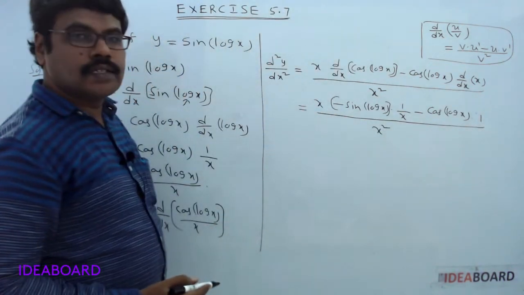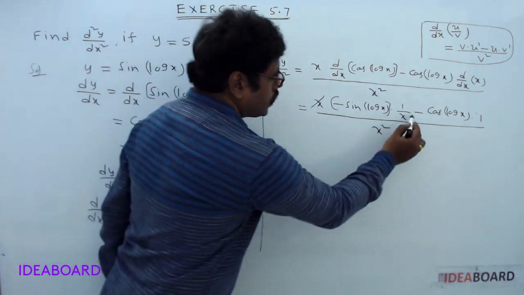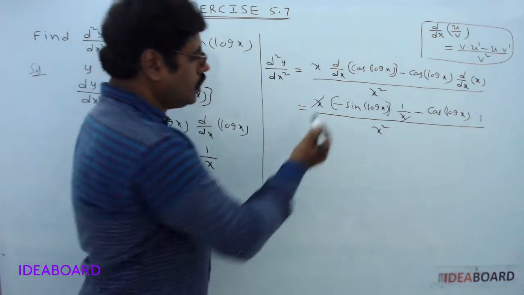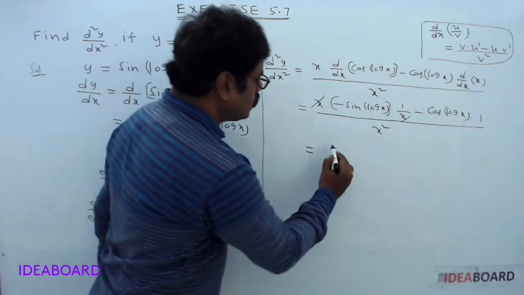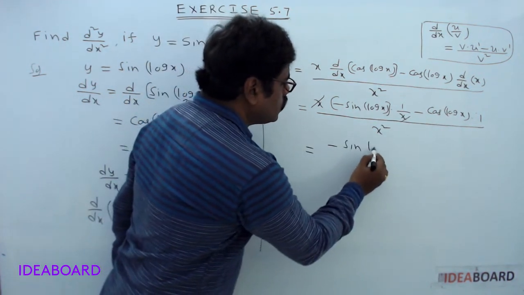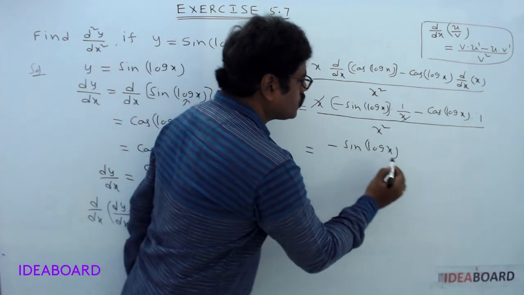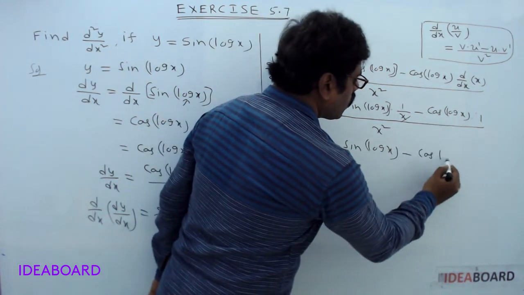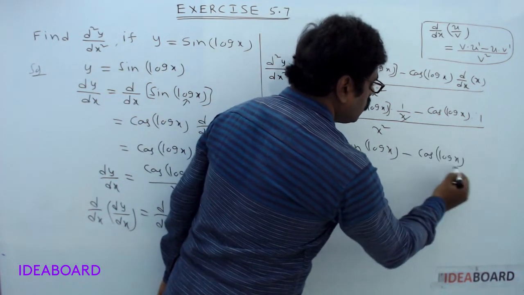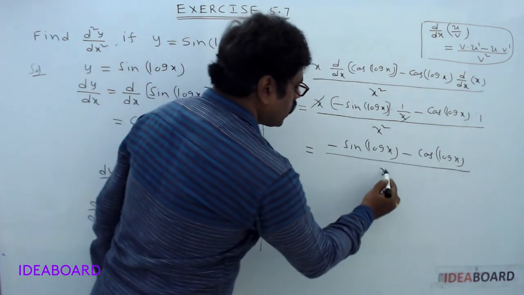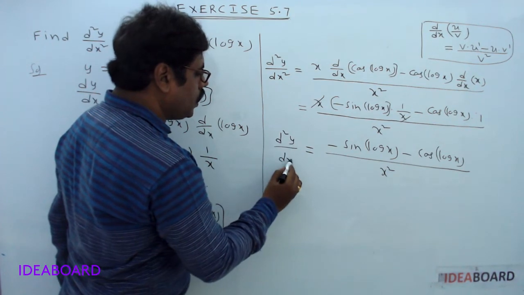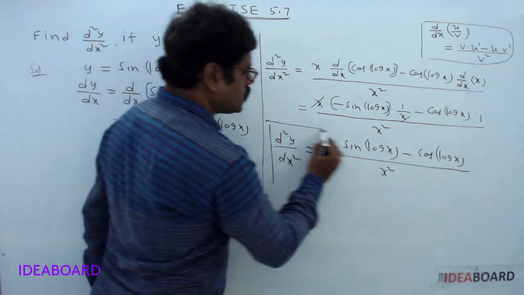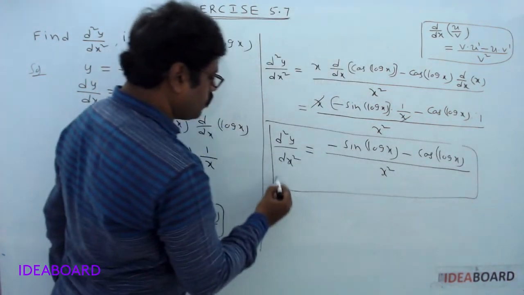Now see the cancellation of the terms. Now x will be cancelled. What about the terms in the numerator? It is equal to minus sin of log x minus cos of log x, divided by x square. This equals d square y by dx square. Now this is the final answer to our given problem.